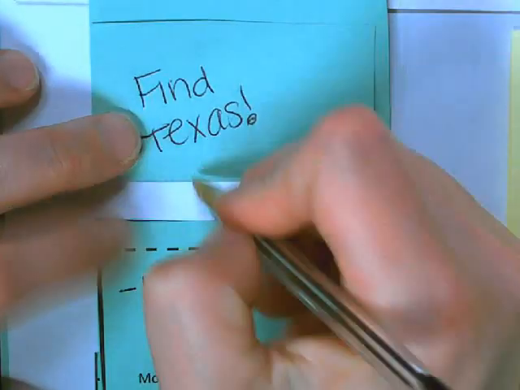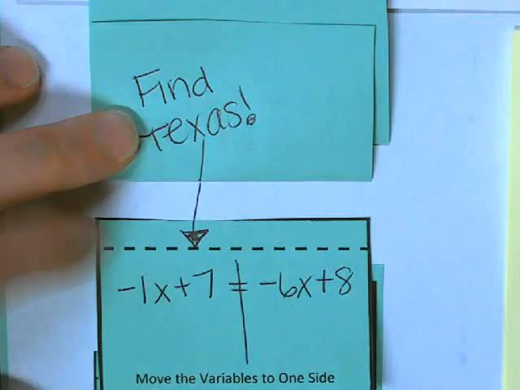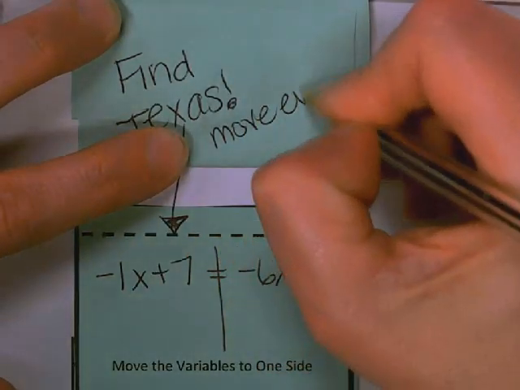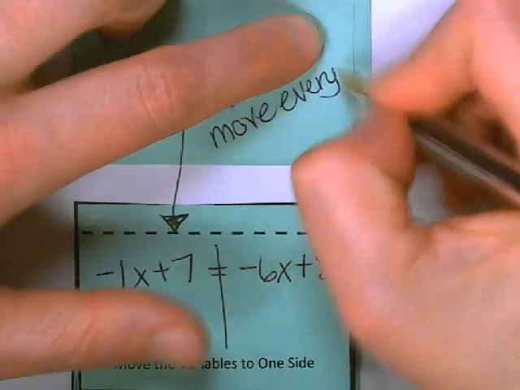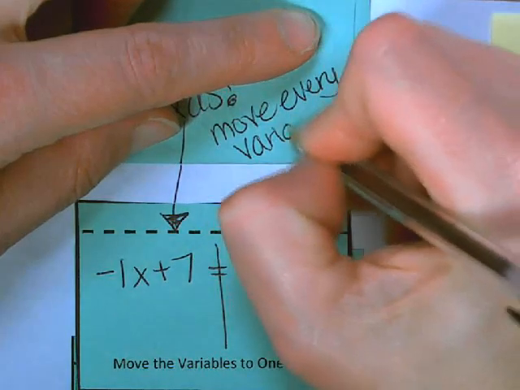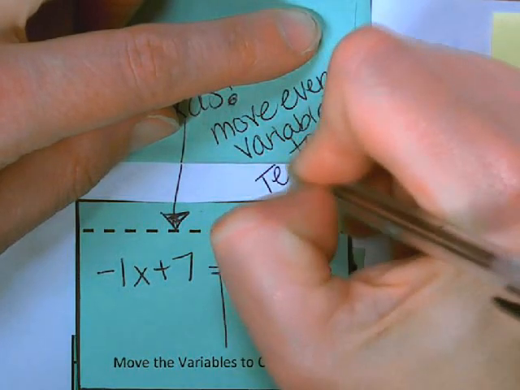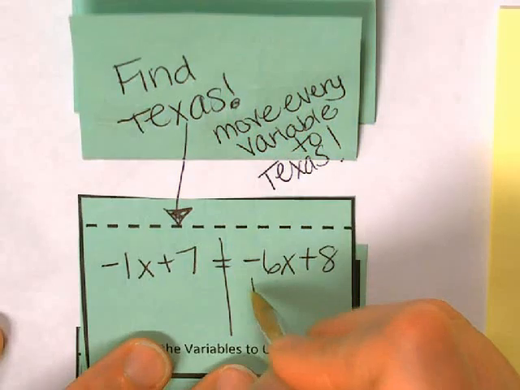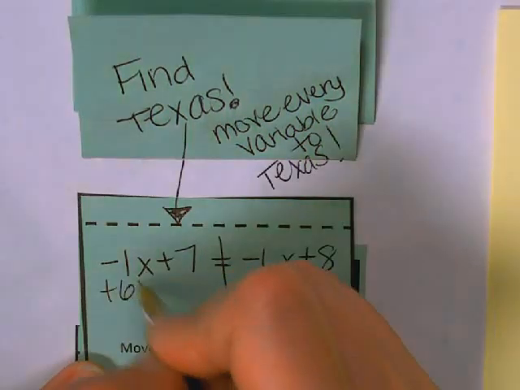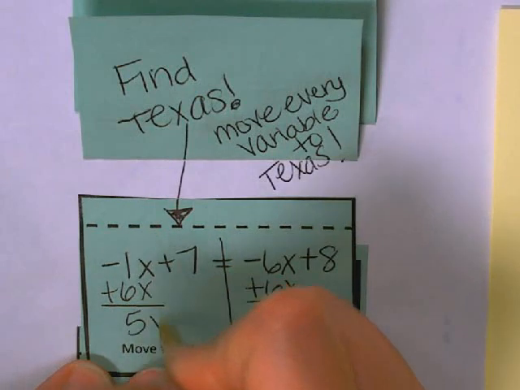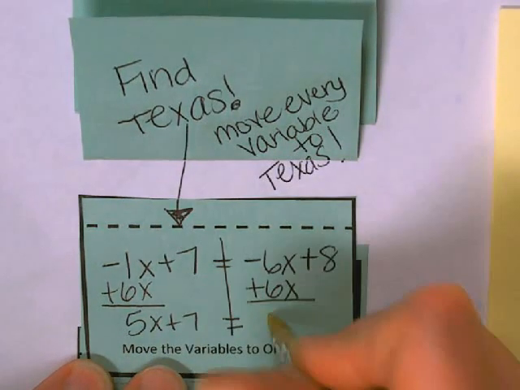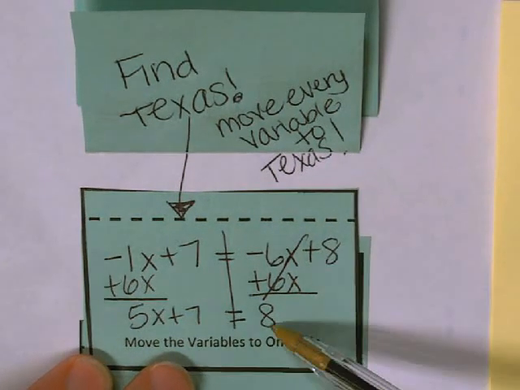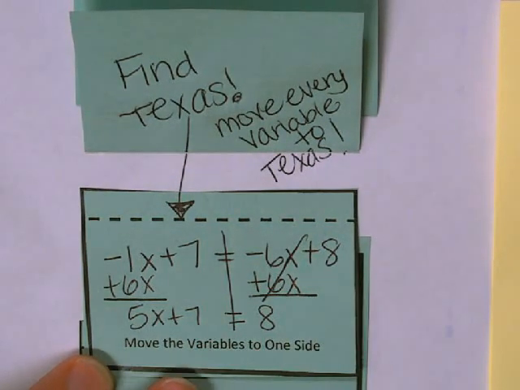So the bigger side is negative 1. Okay? So that means we're going to move every variable to Texas. They're going to go on a voyage to Texas, right? So we're going to say add 6x to both sides. So this is 5x plus 7 equals, and then on this side, negative 6x plus 6x cancels out, so it turns into just positive 8. Okay?